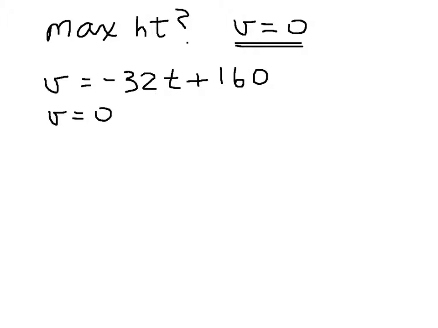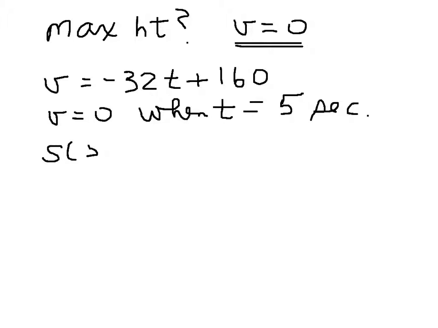And velocity will be 0 when t is equal to 5 seconds. So what's the highest that this goes? It'll be the position at 5 seconds. And if you do your computation on that, you should get 400 feet.